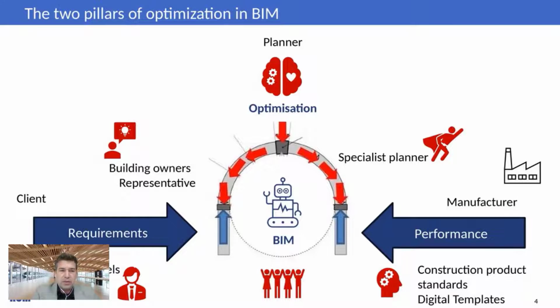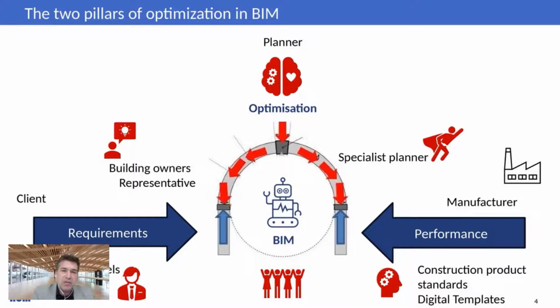So this bridge between requirements and performance consists of multiple players. We heard before Morten from the side of the requirements, the planners, who have designed something and have requirements on products and components. And I am more from the right side, from the performance side, from the manufacturer side, which produces products and components.